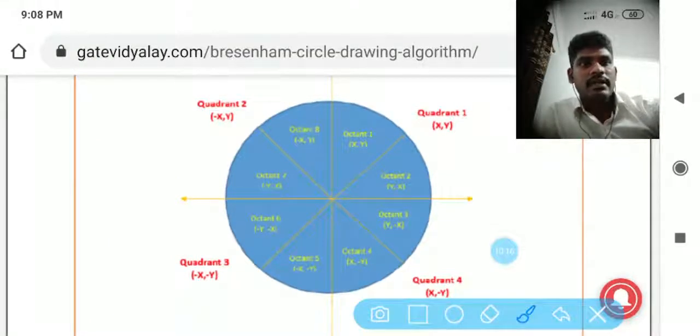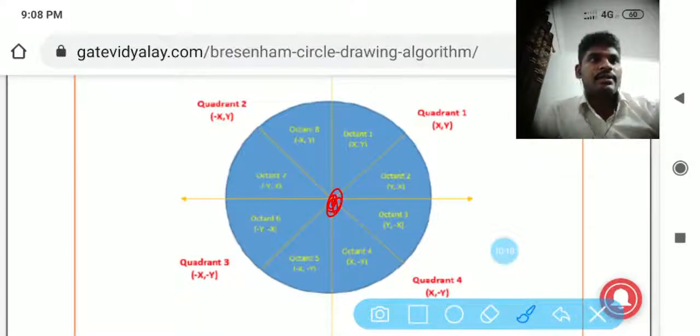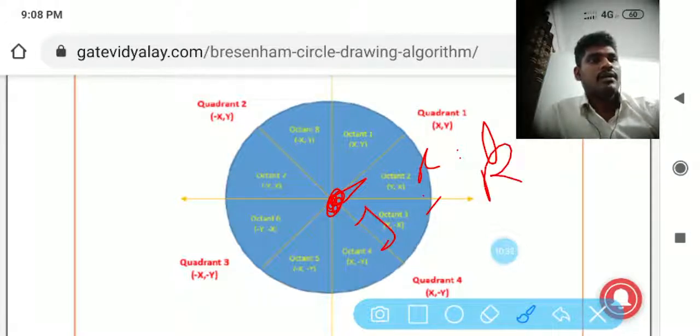Look at here, the center. From the center, what is the x value? X value equal to 0. What is the y value? Y value is equal to r, because we are taking the radius, the height.